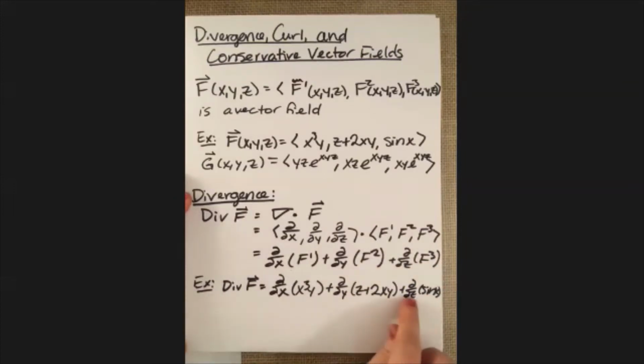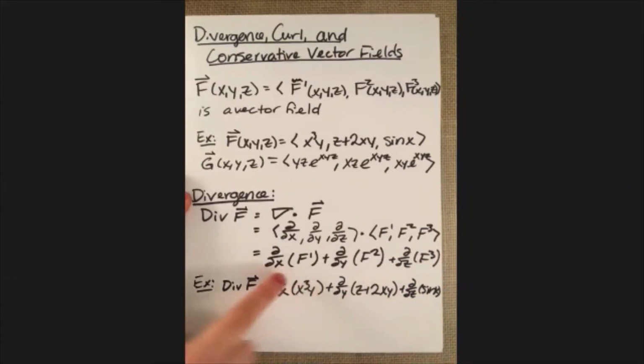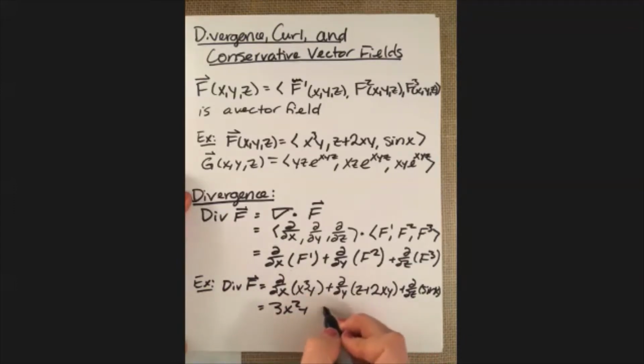Again, emphasizing that we have not taken any partial derivatives yet with these little guys right here, but they tell us to take the partial derivatives when they've been multiplied there. So right here we get 3x squared y plus, this z is going to go away, and then 2x, and then partial with respect to z of sine of x, that is an x there, that's just going to be 0. That's pretty much all there is to taking the divergence.